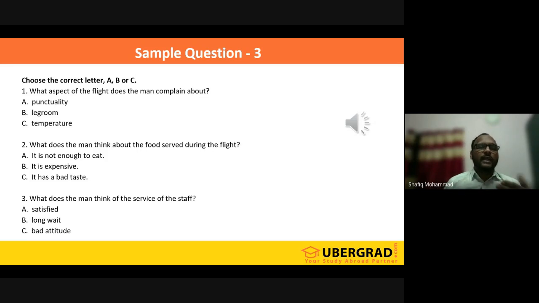When you take the exact examination, there will be some time given to read the questions, like half a minute or sometimes one minute. Half a minute is given to proofread your questions and the options. So in that, you are going to quickly read the questions and also the options which you have been given.